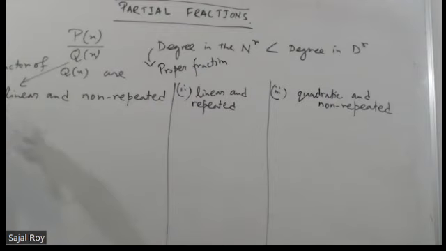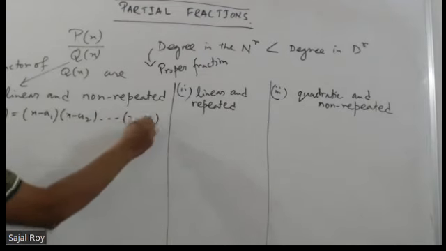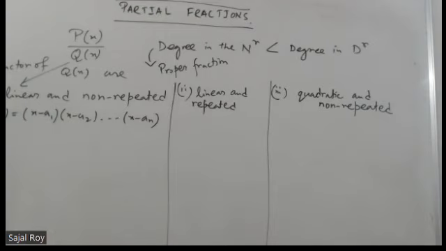Suppose your q(x) is in the form (x minus a1)(x minus a2) up to (x minus an).